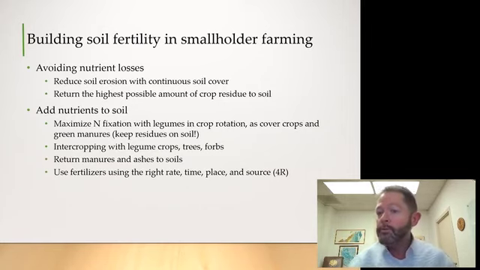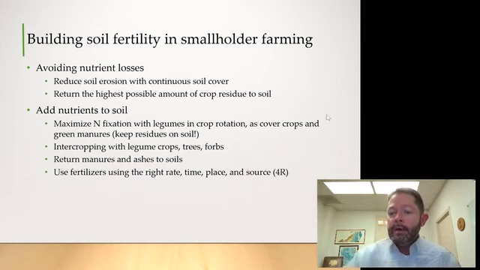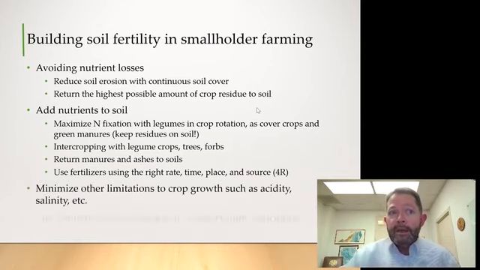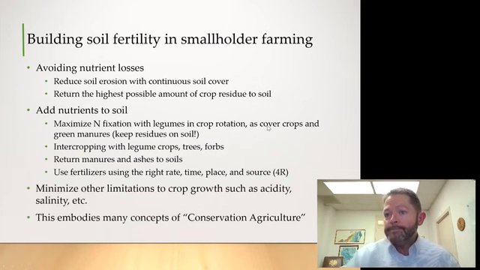Intercropping with legumes, trees, and forbs. Returning manures and fire ashes to soils and using fertilizers at the right rate, time, place, and source are all ways to add nutrients to soil. And we need to try to minimize other limitations to crop growth, such as acidity. And again, a lot of this is conservation agriculture.